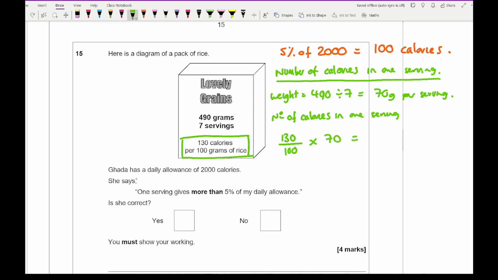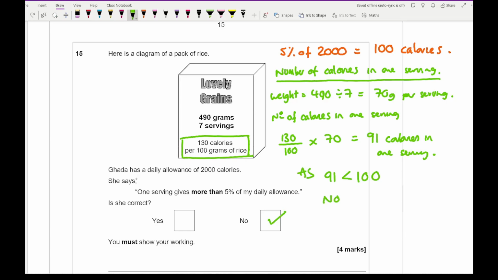And if I type that into my calculator, I get 91 calories in one serving. So as 91, so the next question then says one serving gives more than 5%. So here, as 91 is less than 100, the answer is going to be no.